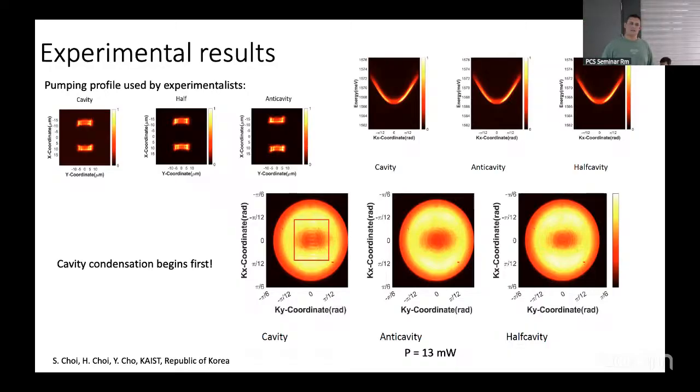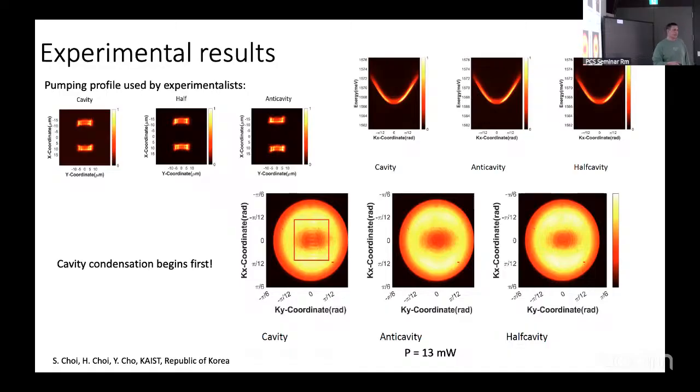This is the dispersion before condensation for anti-cavity and half cavity, and for the cavity case there is a small condensated pattern here, but we don't see it. It's an imaging artifact of the optical system.